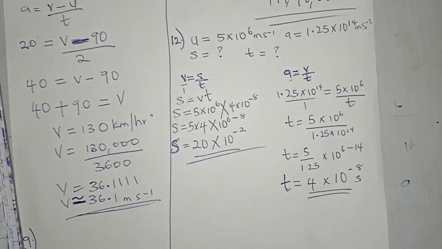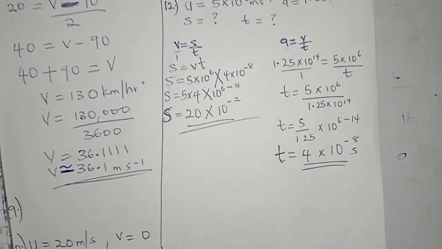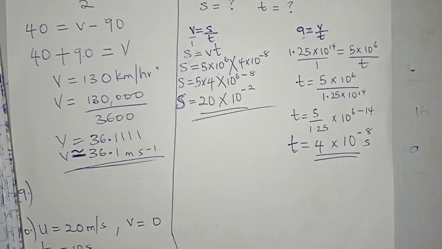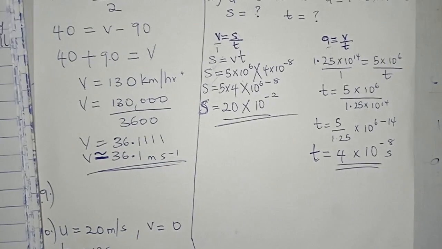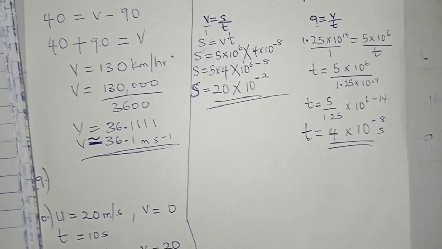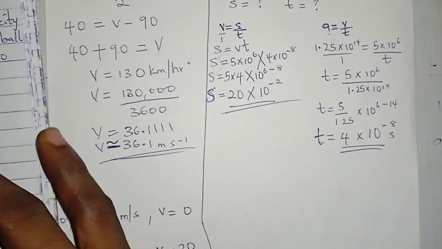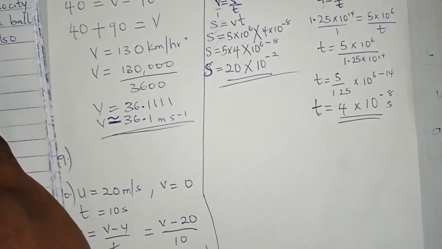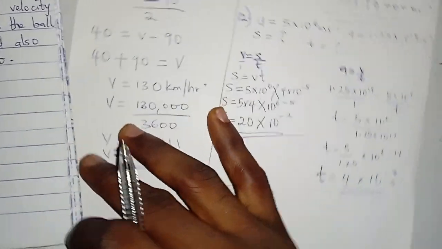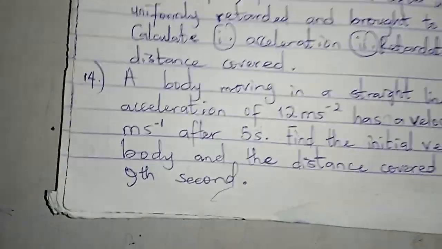So let's go to question 13. Okay, before question 13, let's look at question 14, because question 13 looks like a graph. So let's look at question 14 and still come back to question 13.